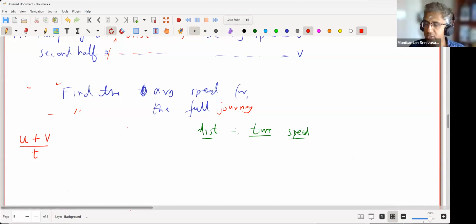Okay. Question to you. My initial question does not have a t at all. So how can you introduce a t which I don't know of? Can I say then let t be total? But you should tell me in terms of what I give you, right? My problem has only u and v. If you want to introduce a t, you better derive t in terms of u and v.